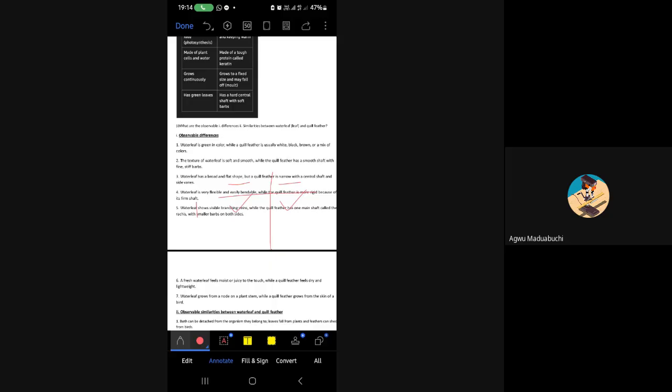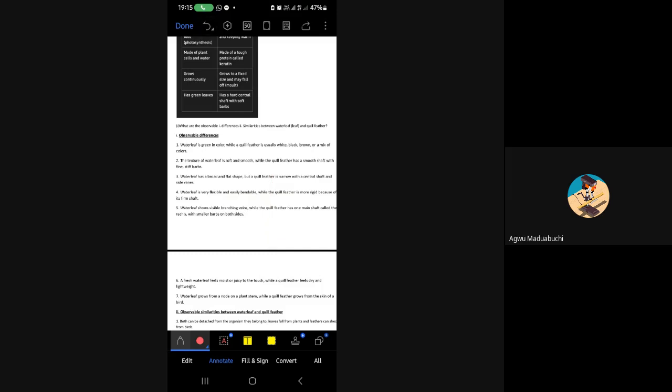Number two, you want to talk about texture. Talk about texture here and talk about texture here. With this, you will have your full mark, if it is in tabular form. And if it is not in tabular form, compare it in sentences and make your points correspond to have your full mark.